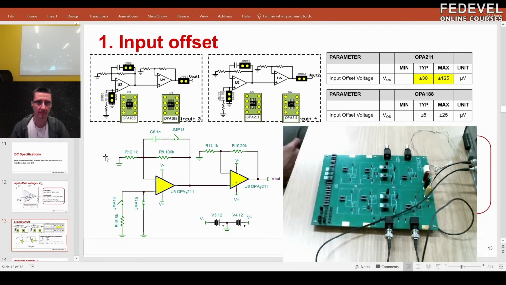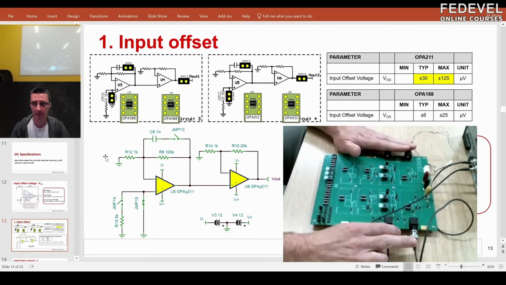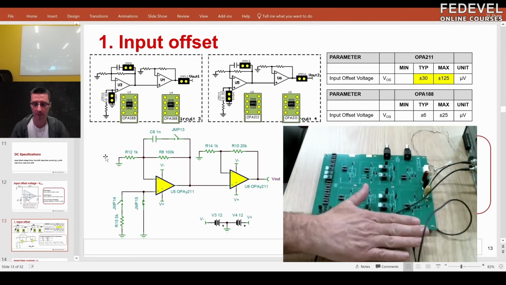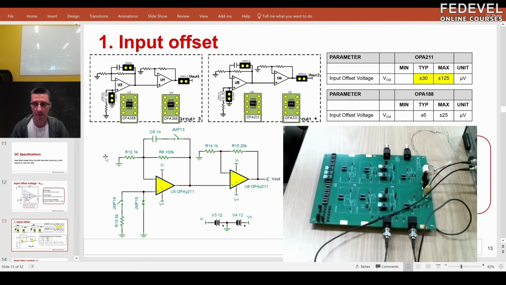Here we are, all connected up. There's no input signal in this case. The signal is really just the output that we're looking at. You can see in the schematic that we're grounding the input, so the input is basically 0 volts. What we're really looking at is the input offset voltage multiplied by a gain of 101, because it's a non-inverting amplifier, and then that gain gets multiplied by 21.